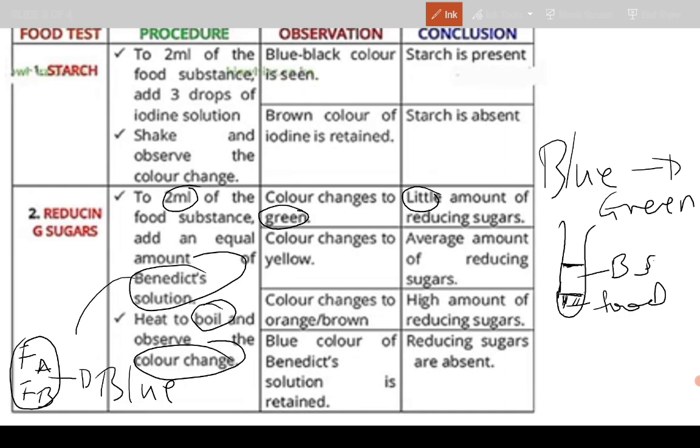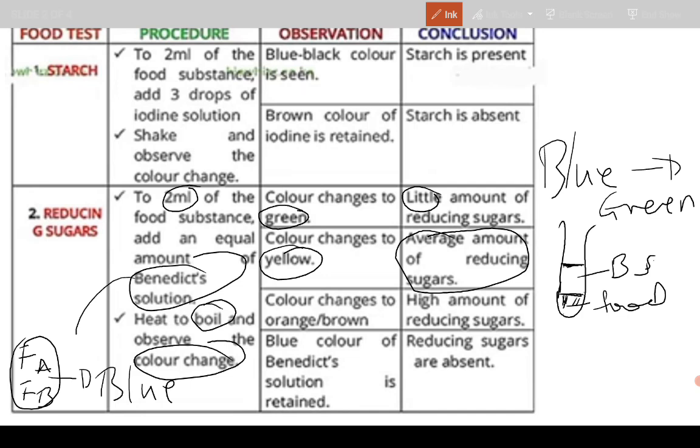If the color changes from blue to yellow, then there is more reducing sugar than when the color changes to green. So there is an average amount of reducing sugar.